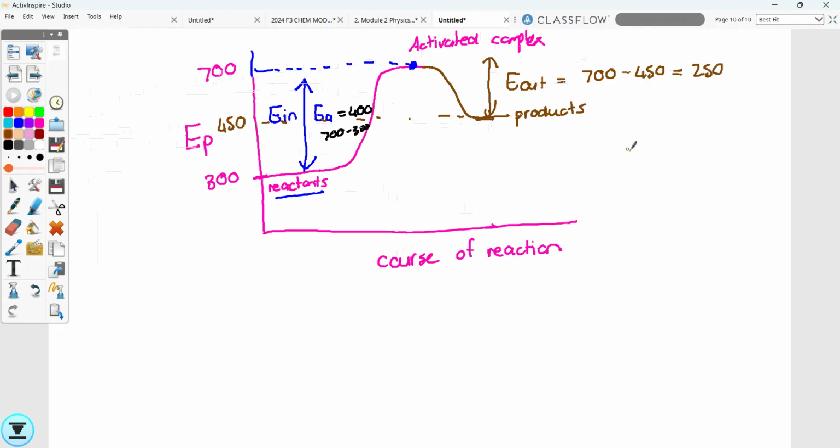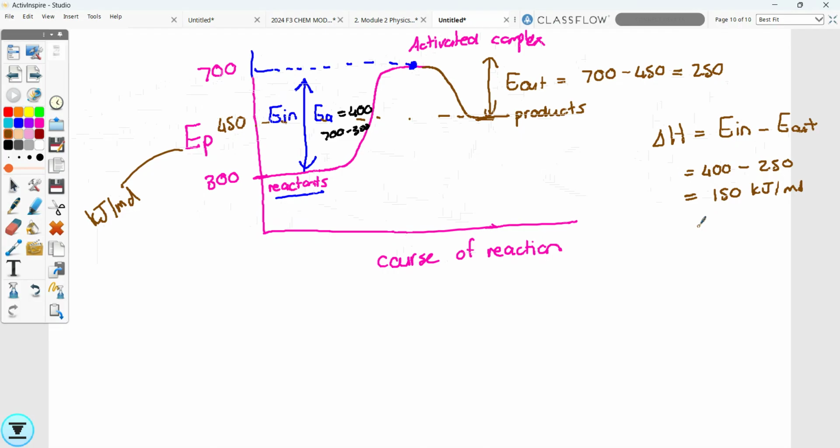And now we can ask you from that, what is delta H? And then you're going to say that is energy in minus energy out. So energy in is the 400 minus the 250, and that gives me 150 kilojoules per mole normally, but you use whatever the unit is here.